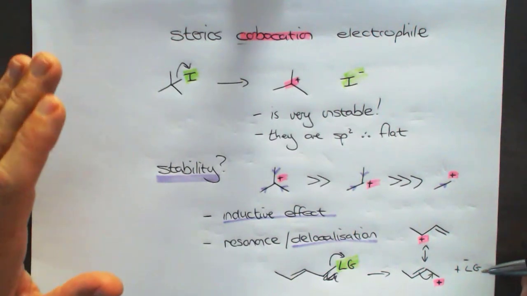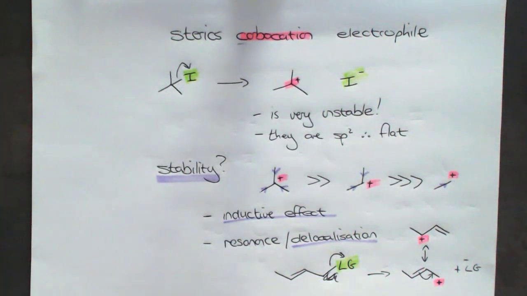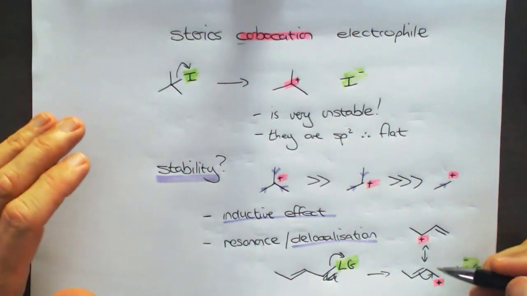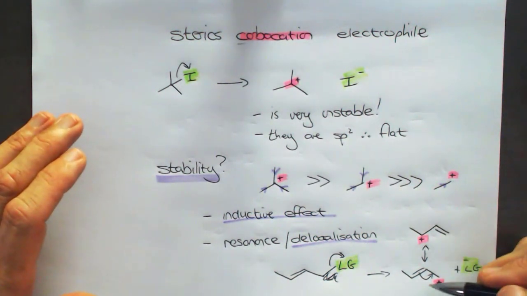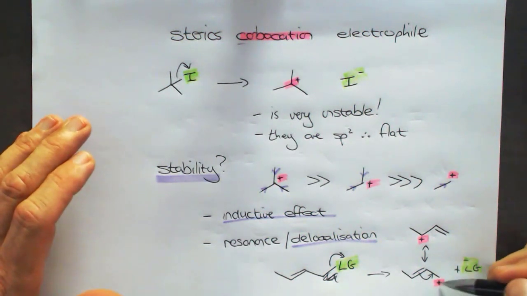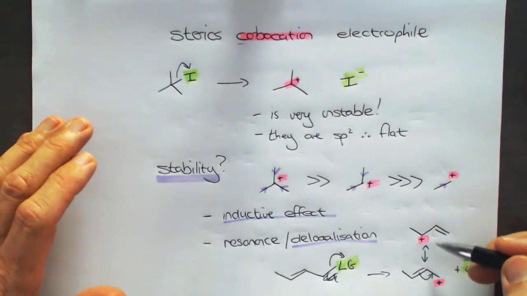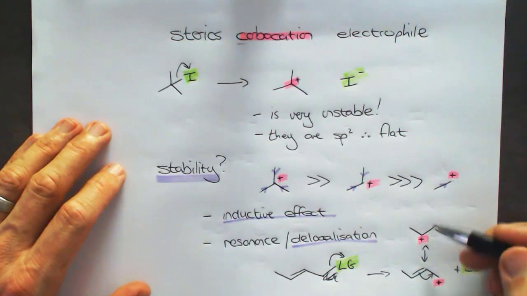I want to make a really, really important point right now, and this is so important that you should just keep this on top of your head. Remember that delocalization is not two extremes. We do not have some of this molecule and some of this molecule over here. This over here is showing us a picture.